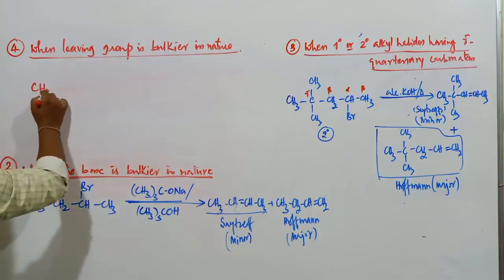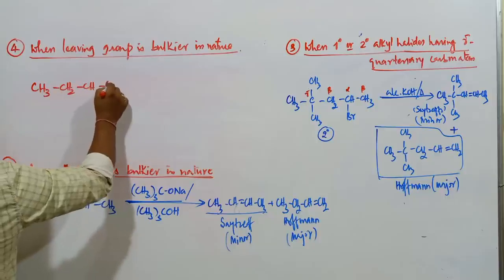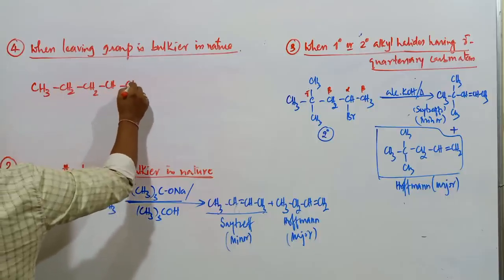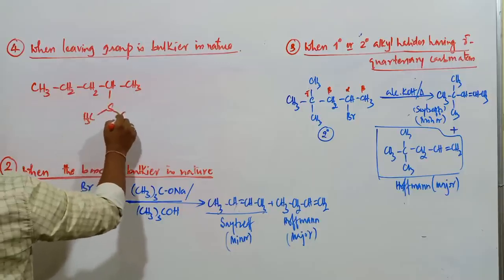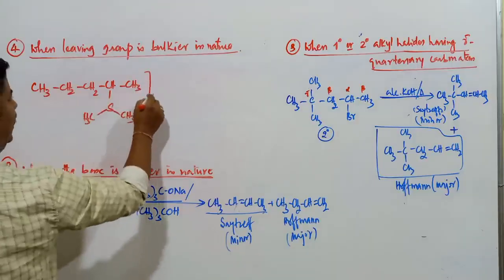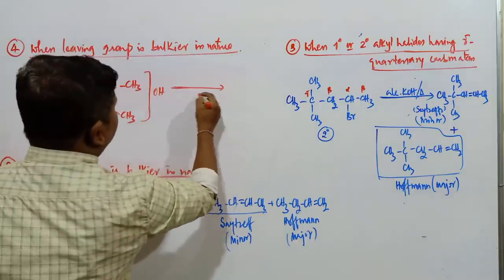One example: CH3, CH2, this is CH, next one CH, this is CH3, this is S, it is methyl, this is going to be the methyl, and here this is going to be the OH.